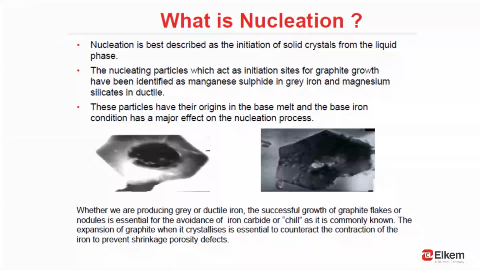These crystals, which are the original nucleating sites, are present in the metal even before inoculation. To have very good mechanical and material properties, and sound castings without shrinkage or defects, we want to improve the nucleating presence in the metal, and that is why we add an inoculant, an additive, to it.